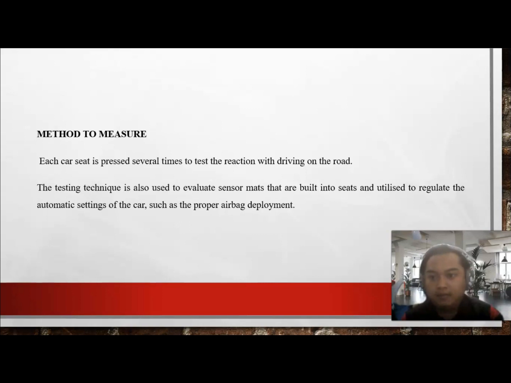Method to measure. Each car seat is pressed several times to test the reaction while driving on the road. The testing technique is also used to evaluate sensor mats that are built into seat and utilized to regulate the automatic setting of the car, such as the proper airbag deployment.